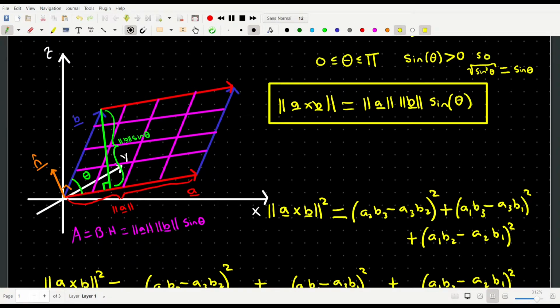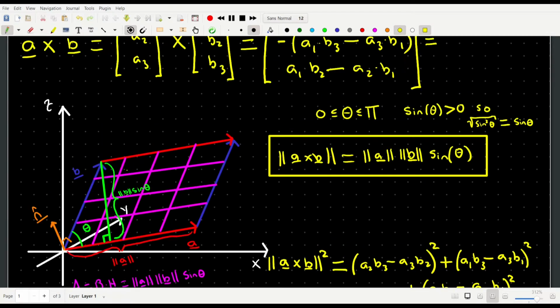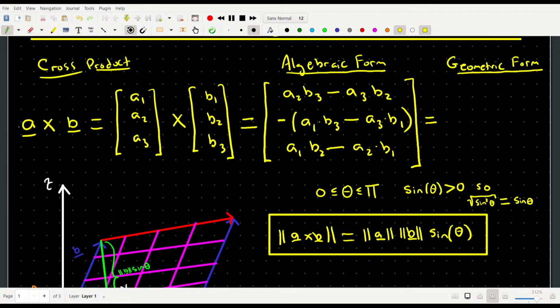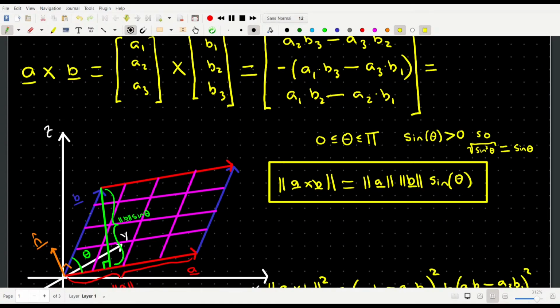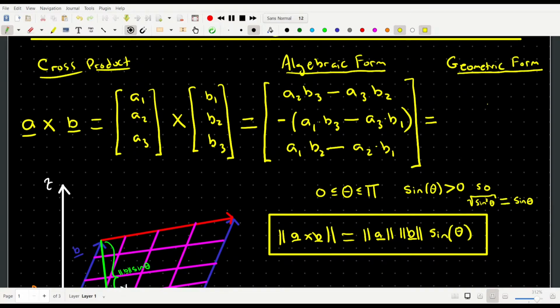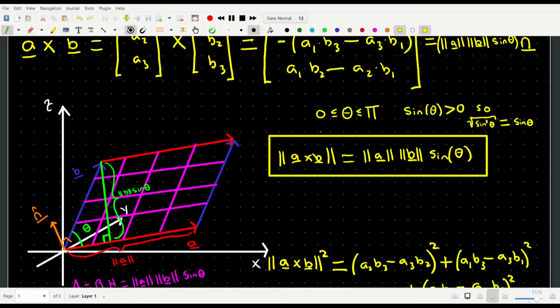Now, to go a little bit further here, we're actually going to see that the cross product vector will always be perpendicular to the vectors A and B. It'll always point perpendicular to these two vectors A and B. So if you have a unit vector that points in this direction, perpendicular to both A and B, we can write the cross product always in its geometric form, which is going to be the magnitude of A times the magnitude of B times sine of theta times the unit normal vector in that direction, where you can always calculate this unit normal vector by taking the cross product and dividing by the magnitude of the cross product.